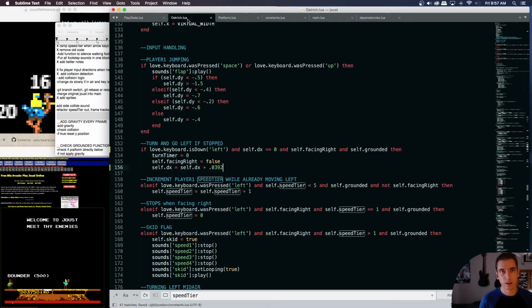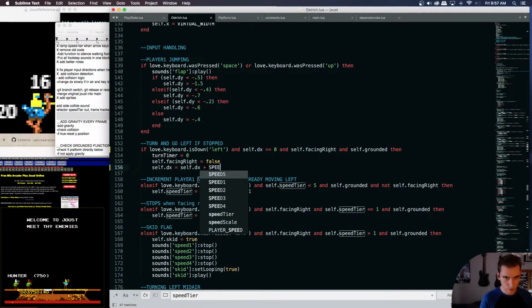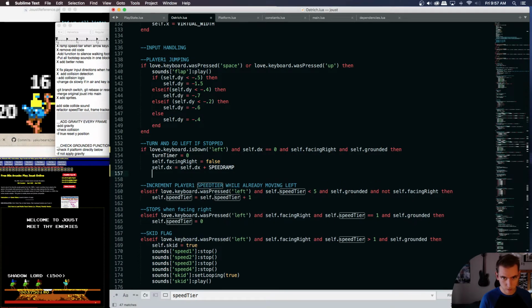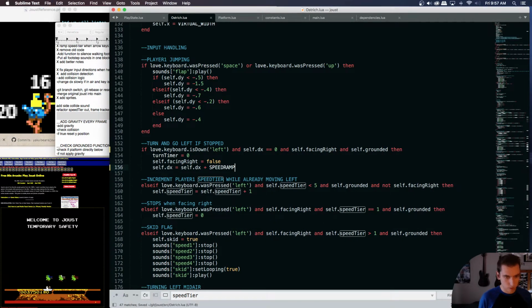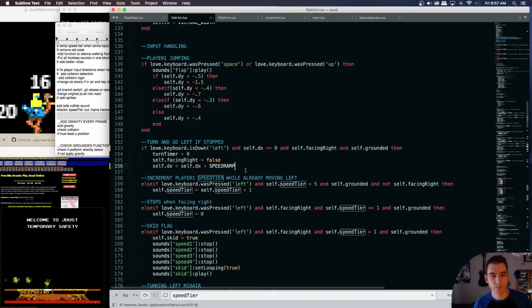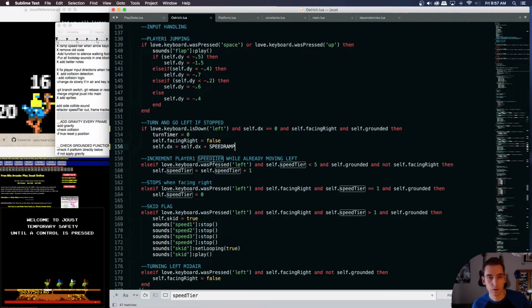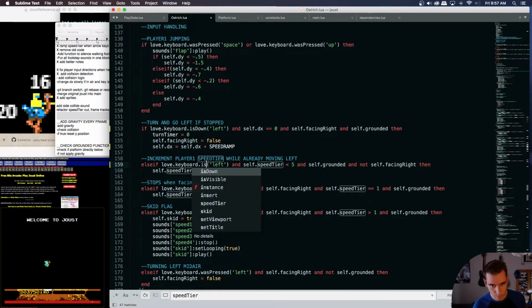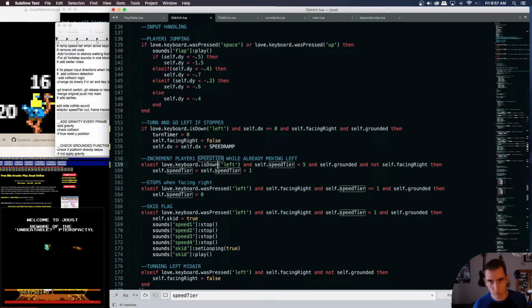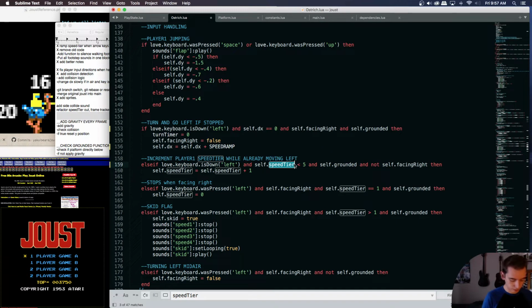0.0392. So now we can say speed ramp plus speed ramp. Okay. So we need this is down. And speedTier is, we need to check if the dx is less than our max speed now.